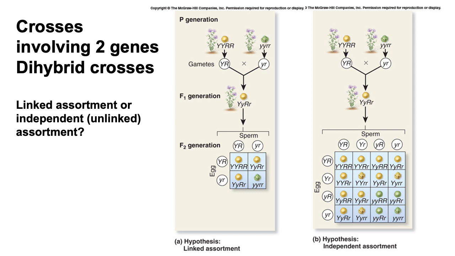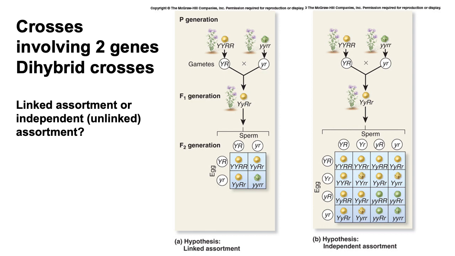But in the other panel, we see another hypothesis that we could test, and that is the hypothesis of independent or unlinked assortment. And so if we follow that from F1 down to F2, instead of the parental alleles staying together, this hypothesis suggests that the parental alleles are randomly distributed.